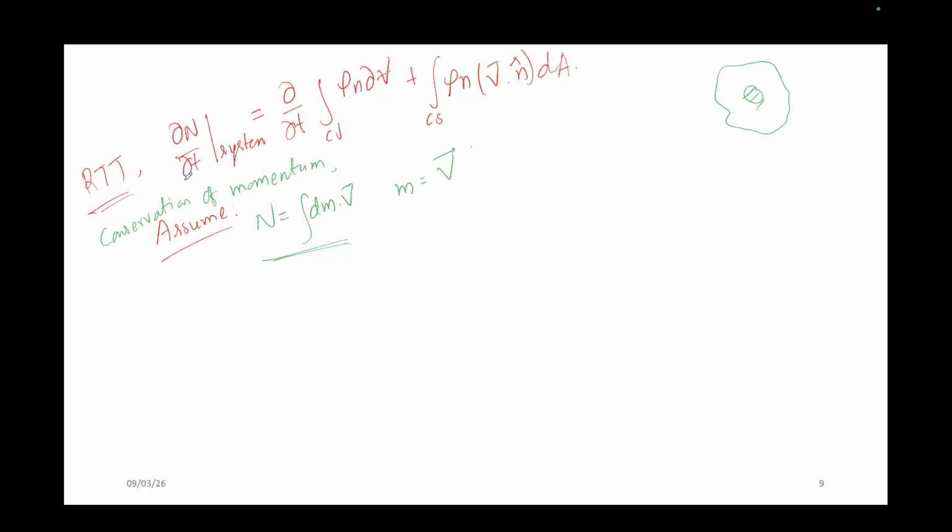So can you tell me what rate of change of momentum basically indicates? You have studied Newton's law. From Newton's second law, what does it state? Can you remember this?